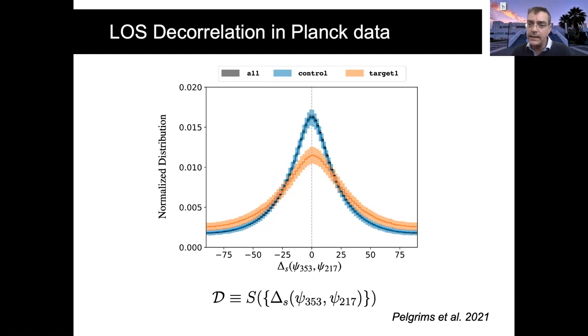The difference in D, in spread, between the target and the control samples, that you can even see by eye here, is actually statistically significant, as we showed, and is robust against how you subtract the CMB, what algorithm you use to make the maps, the noise level of the 2 sets of pixels, and whatever residual systematics.